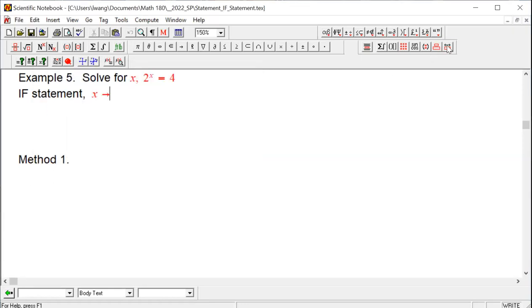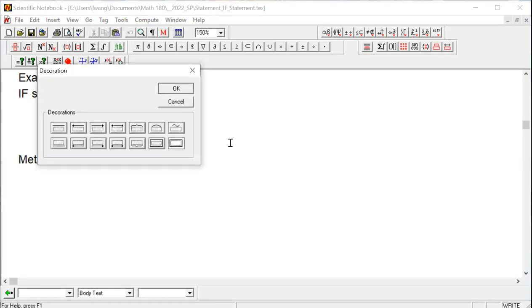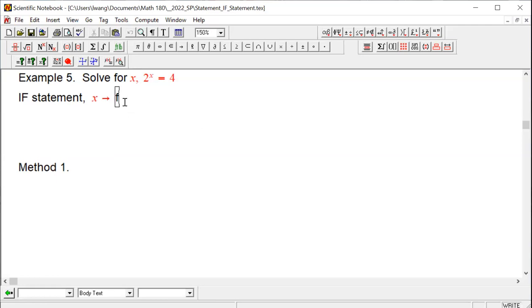What is the rule of the function? Well, we take that input and power 2, so the output is 2 to the power x. Whatever input you give me, I'm going to take that input and power 2, and I know the output.